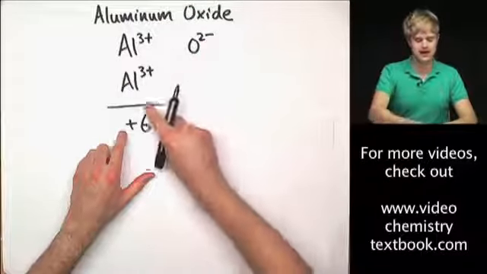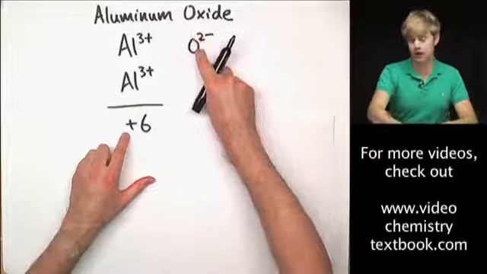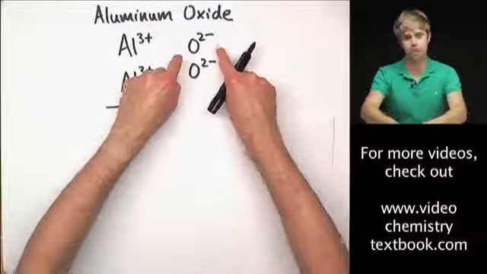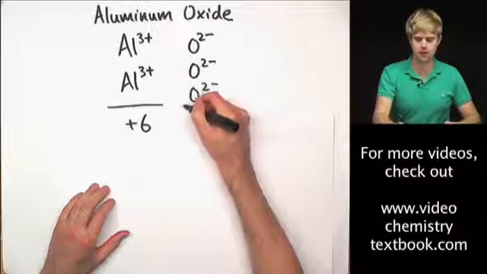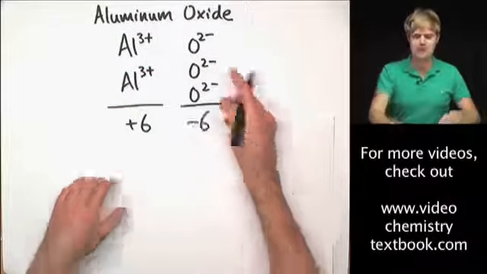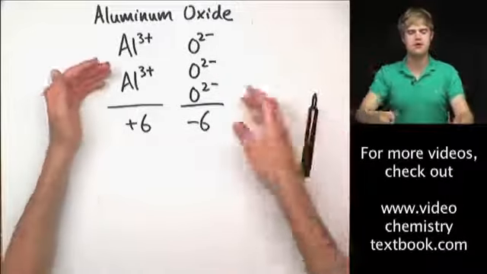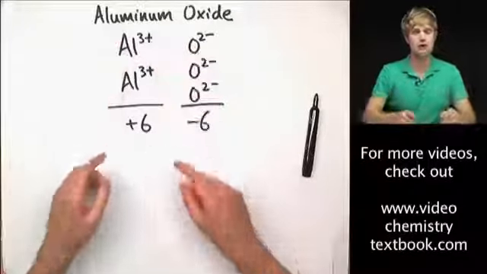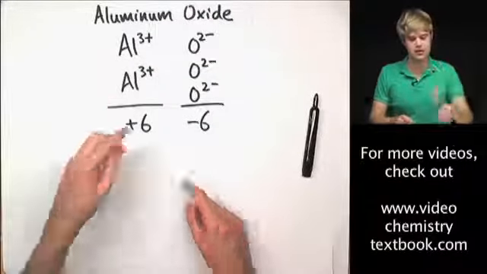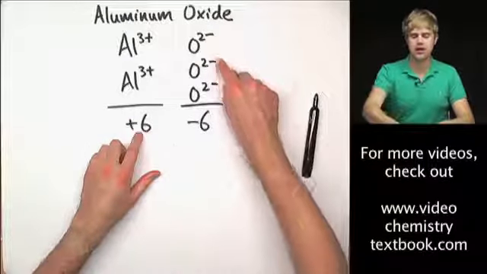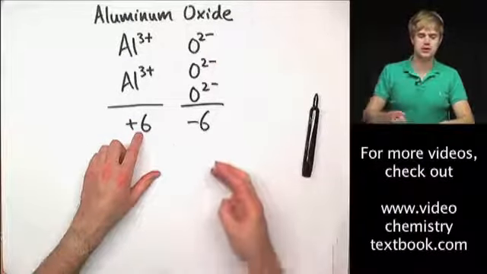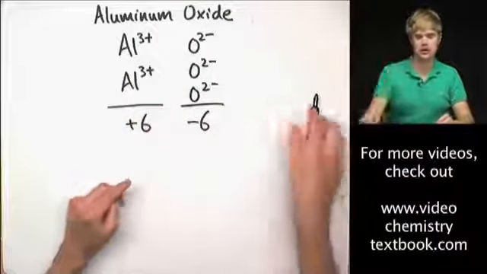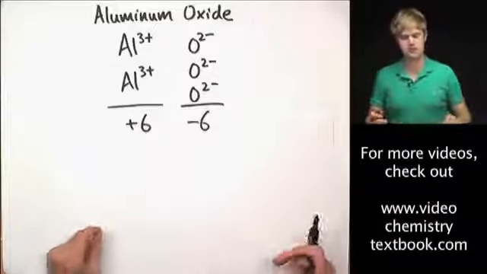Now I can balance out the 6 plus by adding more of the oxygen. I add 1 more oxygen, I have a total of 4 minus. And I add 1 more, I have a total of 6 minus. So this is how we balance out the charges in aluminum oxide, with 2 aluminum ions with 3 plus each, total of 6 plus, and 3 oxygen ions with 2 minus each, which gives us minus 6.